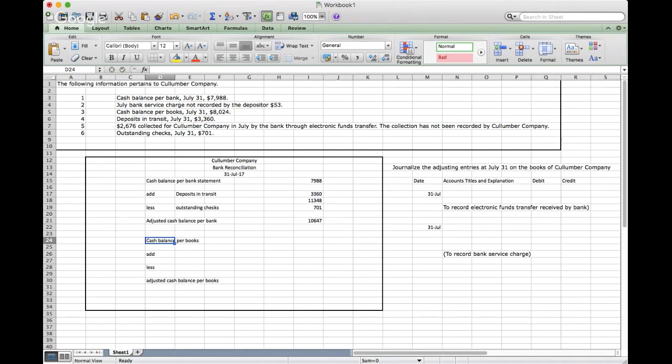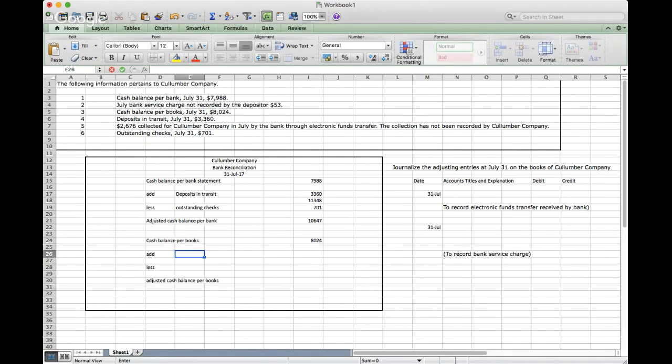And again, there's 3 steps on how to do that. So we can see that our cash balance per books is $8,024. So we're going to write that in. And then step 1 is adding other deposits. So that's what we're going to do.